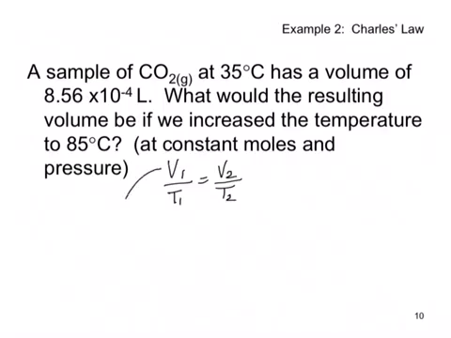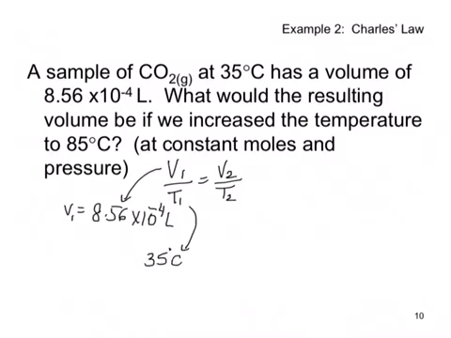We have been maintaining a sample of CO2, so we have an initial volume V1, which is 8.56 times 10 to the power of negative 4 liters. The temperature has been given to be 35 degrees Celsius.